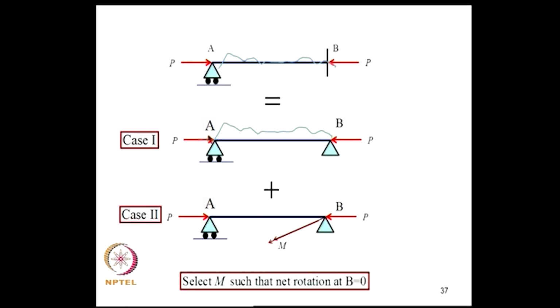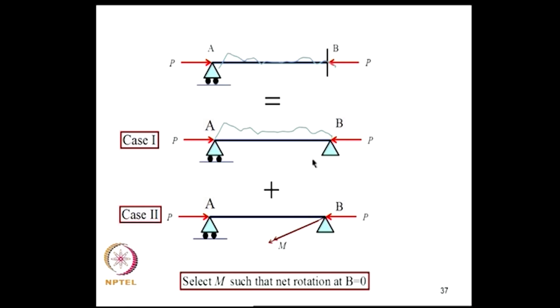In one case I analyze this problem under axial loads and transverse loads as shown here, and then I will analyze this problem with a bending moment here, because there will be a reaction which is the bending moment, which I would not know. This bending moment is selected in such a way that the rotation that we get in this case is nullified, so that we know that rotation here is 0.